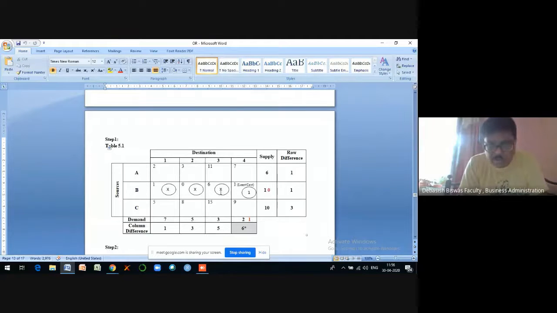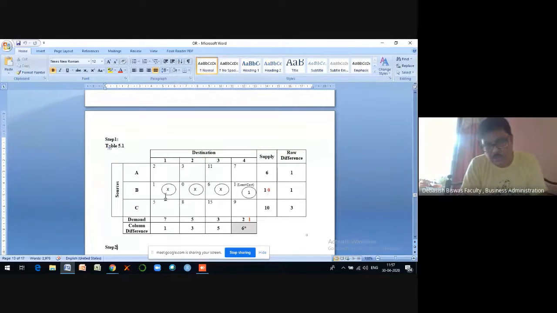Therefore all these cells will be given a cross mark, because we cannot allocate anything to this cell or this cell or this cell. We have already allocated 1, and after allocating 1, the supply side has become 0. So there is no chance to allocate any further element to these cells. That's why we have given the cross mark. Clear? So this row is over.